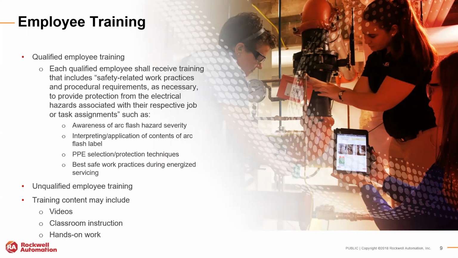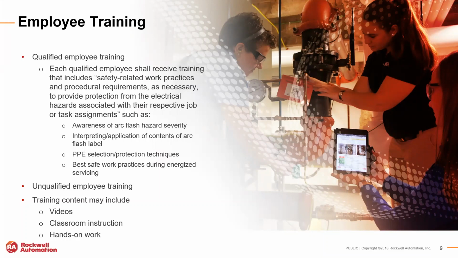Training should include topics like awareness of arc flash hazards, properly reading an arc flash label, selecting proper PPE, maintaining PPE for doing energized work, and also understanding your procedures and best practices to follow during their energized work, usually tied back to that company electrical safe work policy document.